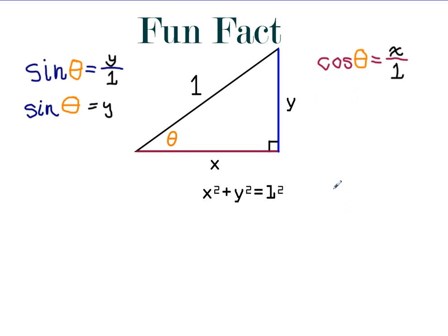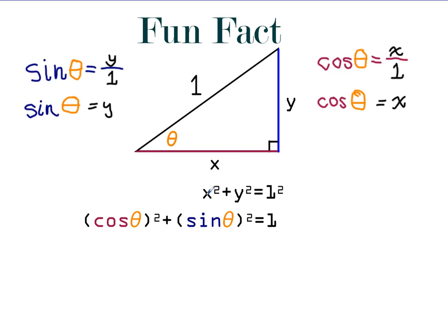Anyway, the cosine of the angle is equal to the adjacent over 1. If I multiply both sides by 1, I just get that this leg here is equal to the cosine of the angle, okay? So I can rewrite this Pythagorean theorem. The x is cosine of theta, the y is sine of theta, and this makes for an interesting theorem.